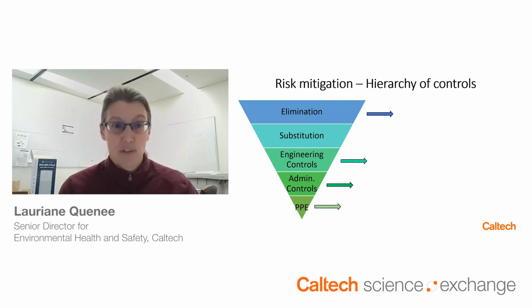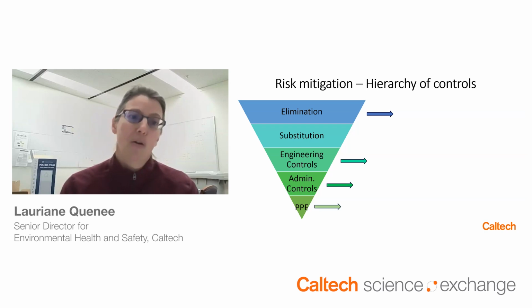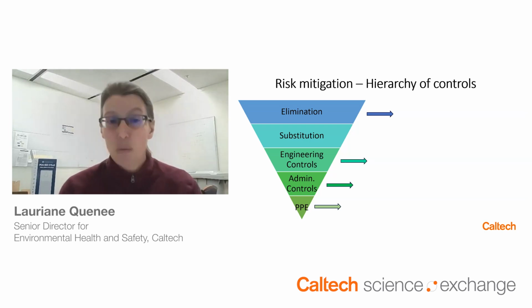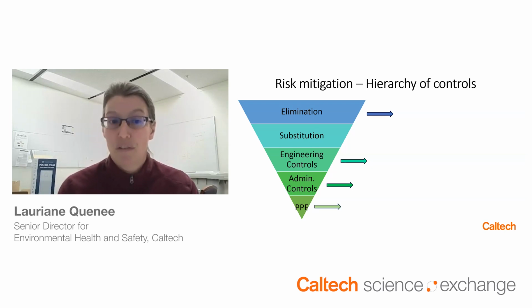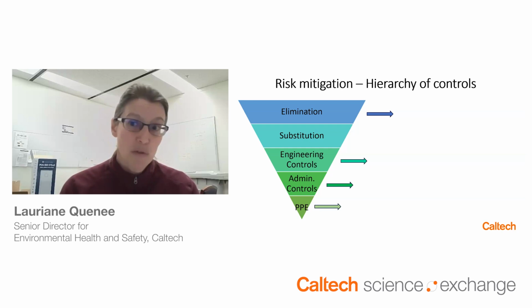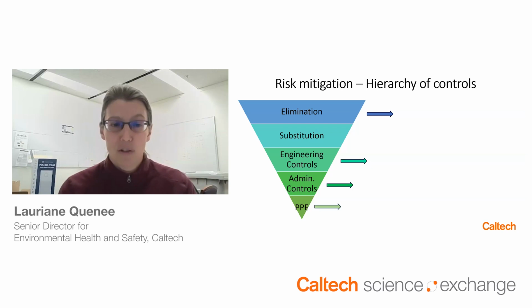So you can see the different types of controls that can be applied, and we usually have them as an inverted pyramid. The controls on the top of the inverted pyramid are the ones that are considered the most effective. The controls at the bottom of the inverted pyramid are considered to be less effective, mostly because they can depend on human factors.